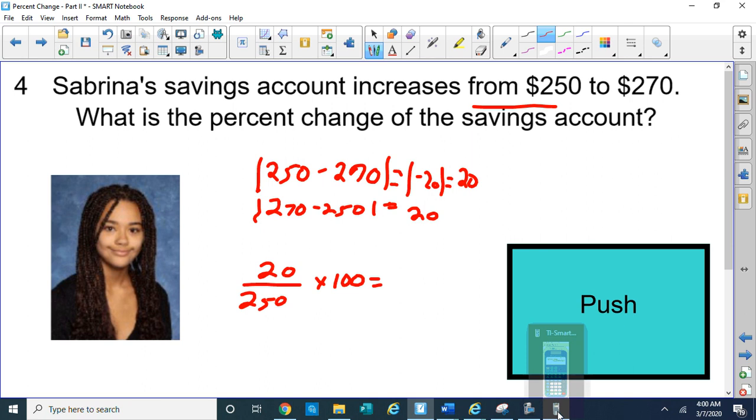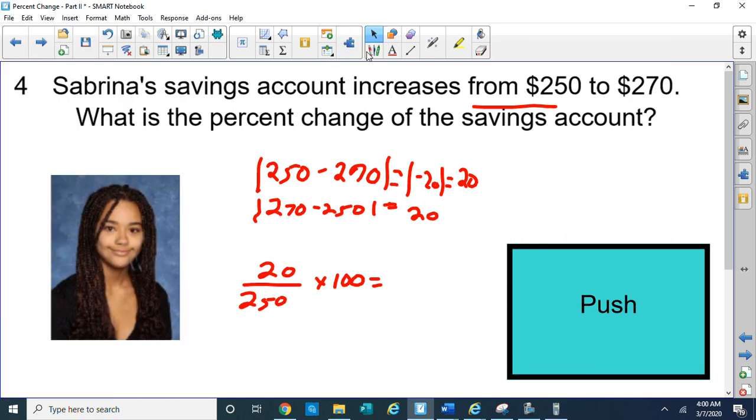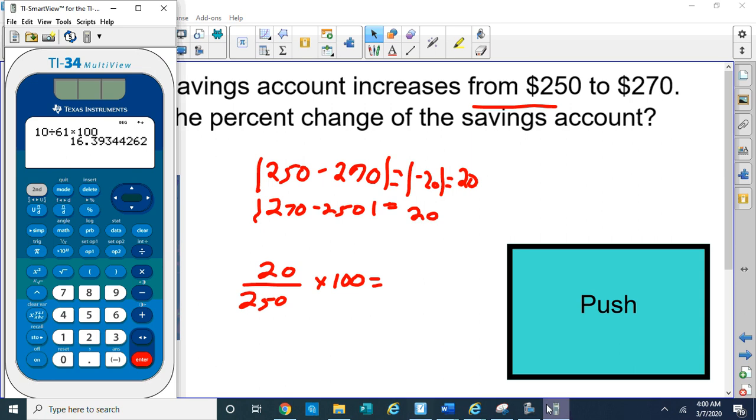So let's get our calculator. Let's clear this stuff. 20. I could use the fraction button, but I'm going to use the division button because I want to go with a decimal.